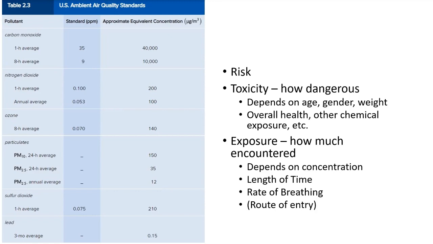So the big things that matter are how old you are, what your size is, how much you weigh. Your gender can matter because sometimes hormones influence things. And then your other health conditions. So like, do you have asthma? Those are things that really matter. Okay, that's toxicity.